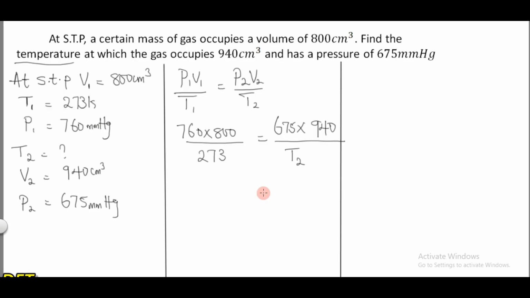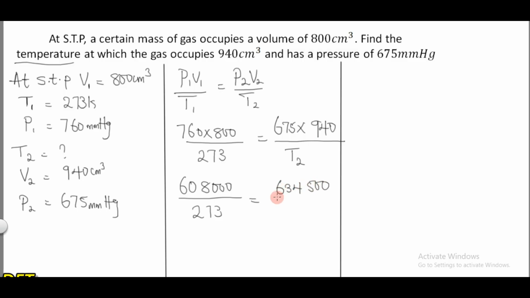The next thing I would do is to multiply. 760 times 800 will give us 608,000 over 273, equal to 675 times 940, which will give us 634,500, over T2.